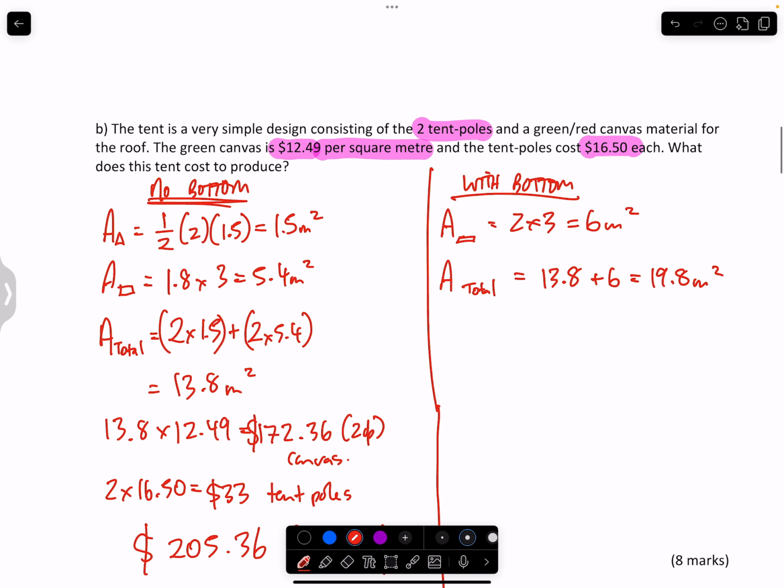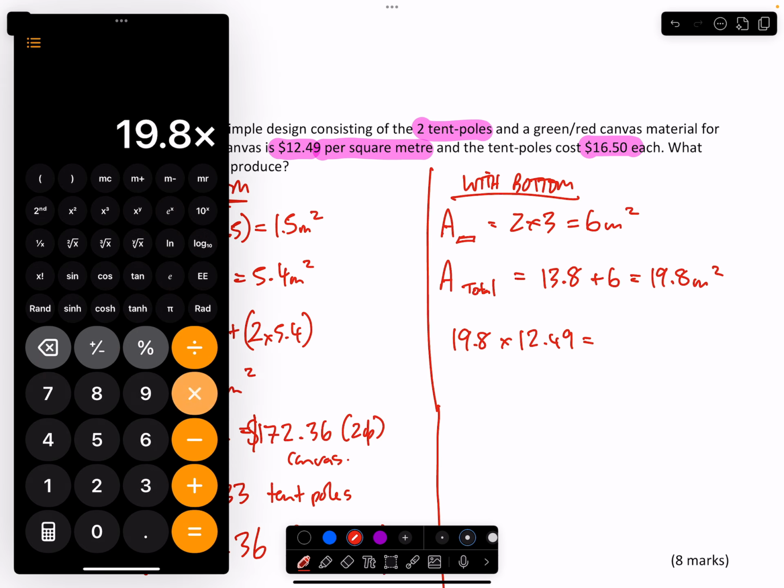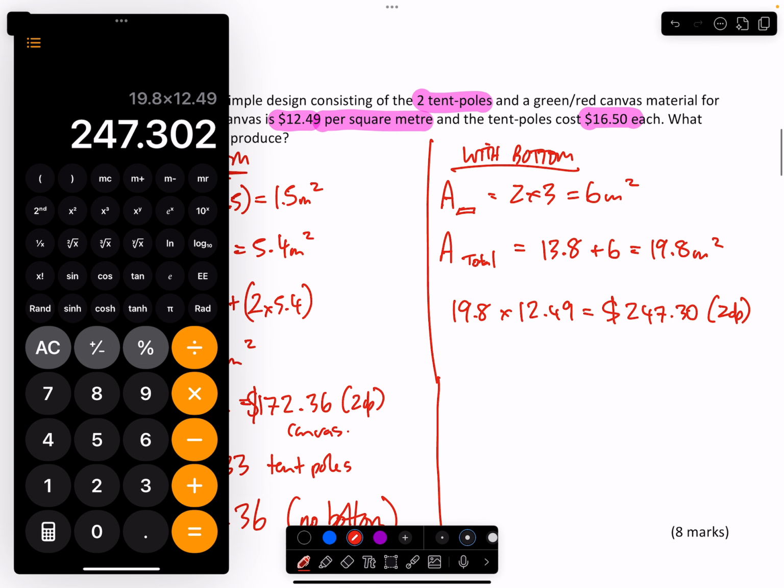So now we can jump straight into finding the cost of the canvas. 19.8 times $12.49 is $247.30 to 2 decimal places. The tent poles are the same, plus $33 for the tent poles.